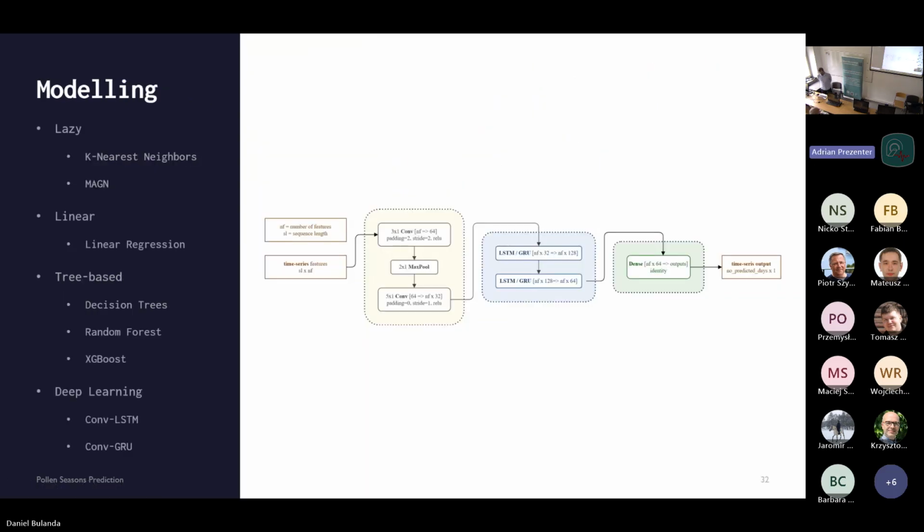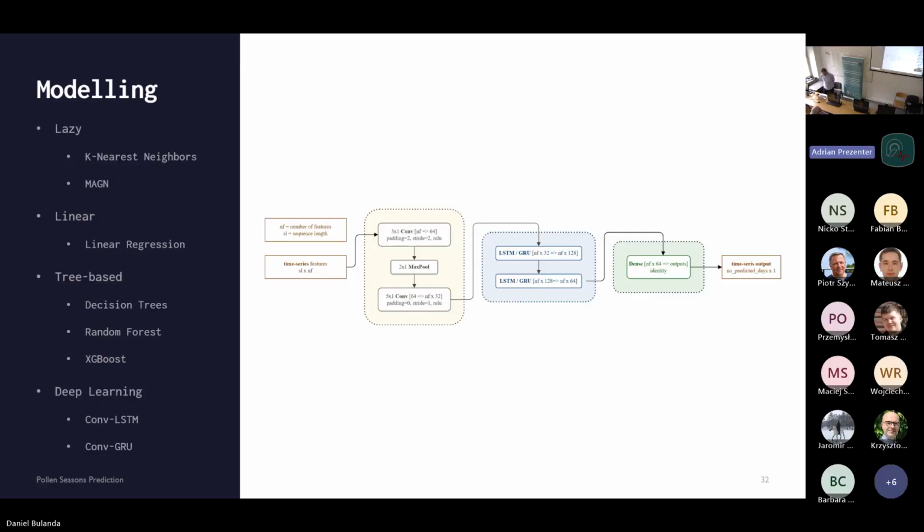Okay, so the modeling part was as follows. We used models from 4 families. I told you previously about this lazy classifier, and a similar one here is k-nearest neighbors.